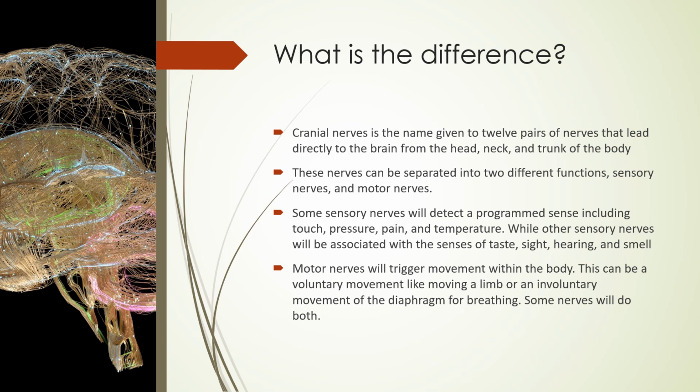So you'll get a message to lift your arm and you'll lift your arm. Involuntary ones are ones we don't have to think about, fortunately, like your diaphragm for breathing. So some nerves can do both, but sensory nerves are dealing with your senses and motor nerves are dealing with your movement, but they do work together to have that homeostasis.